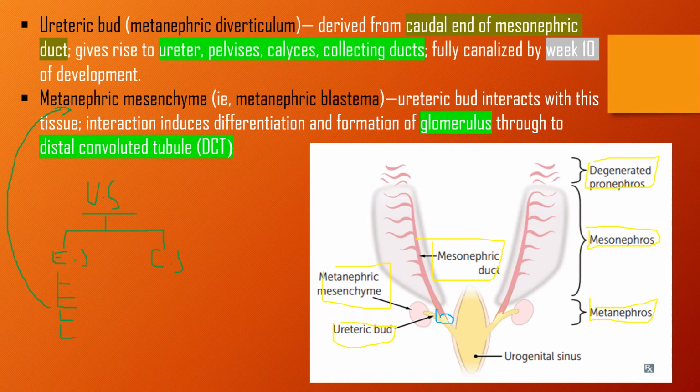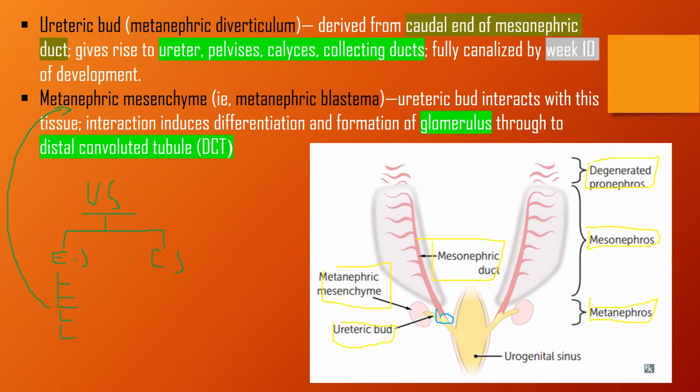Simple. The urinary system has two components. The components of the excretory system are the Bowman's capsule, glomerulus, proximal convoluted tubule, and loop of Henle, which are derived from the metanephric mesenchyme. That's it.